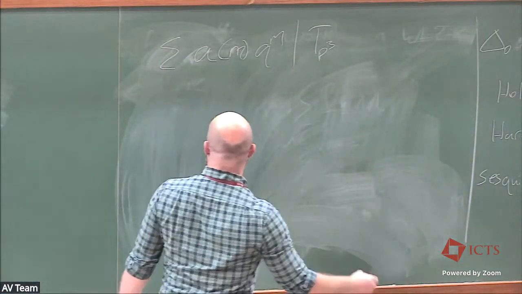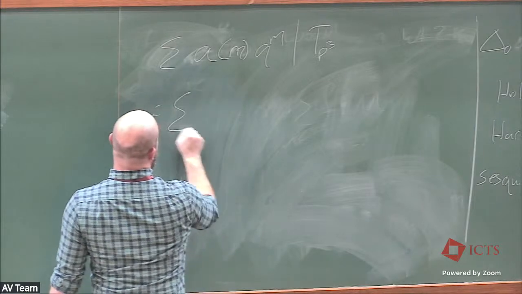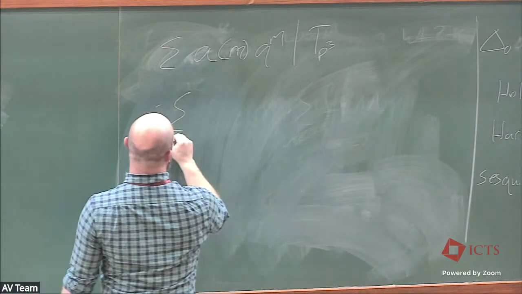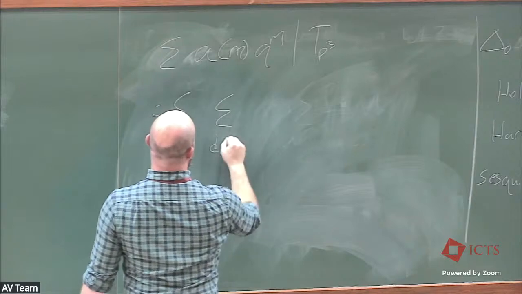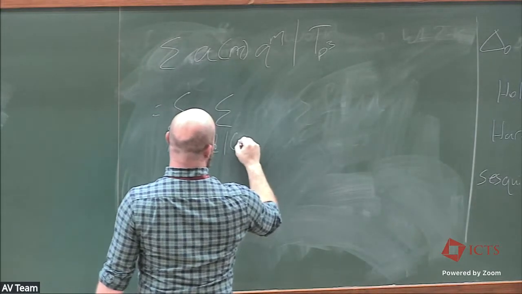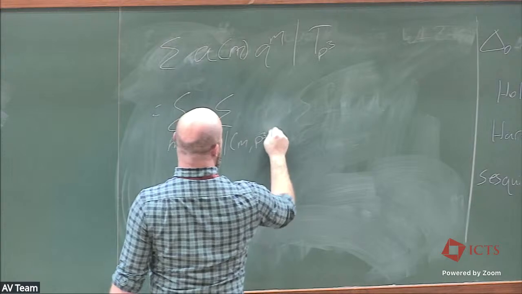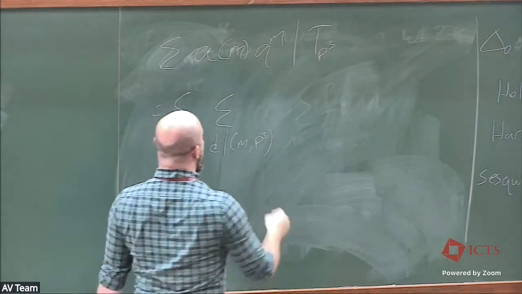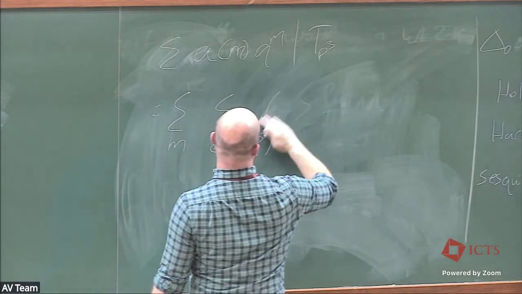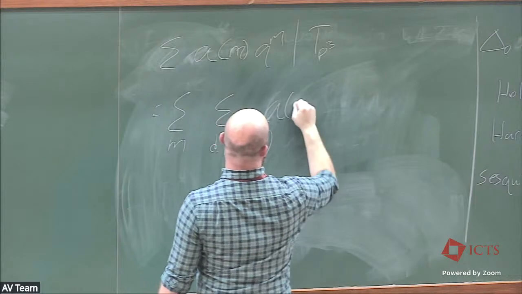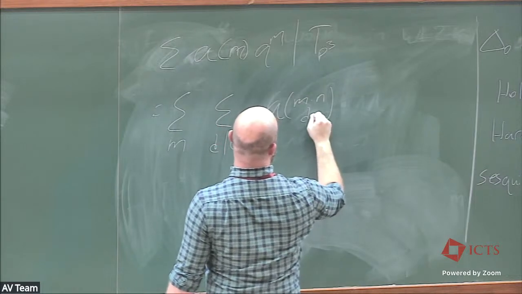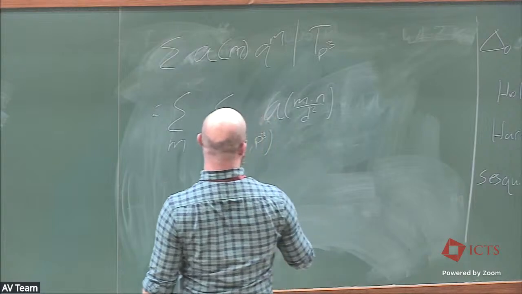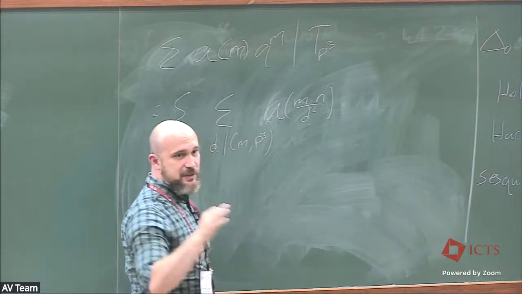Now, what's happening here? This is going to equal the sum over m, the sum over d dividing the GCD of m and p cubed, right, of a of m times n divided by d squared. Okay, and then still working in weight 0.